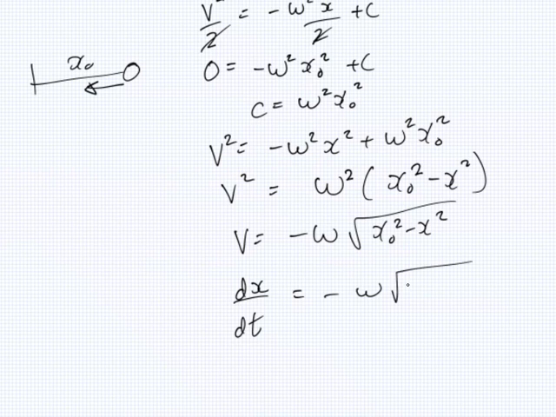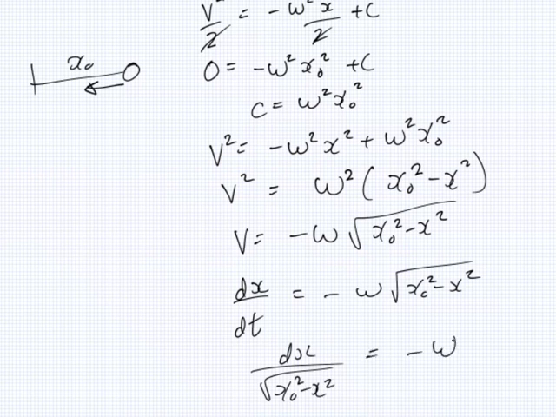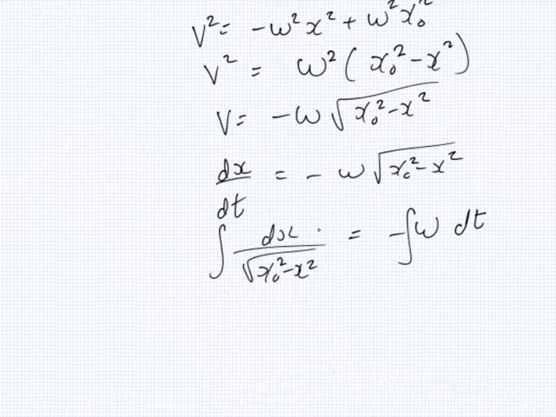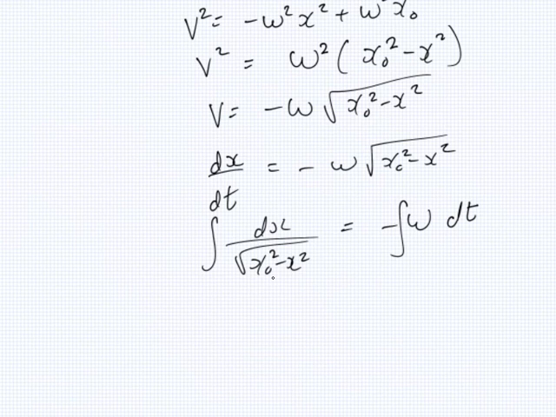Minus omega times x0 squared minus x squared. So that's dx over square root of x0 squared minus x squared equals minus omega dt. Integrate. We haven't done an integration like this, well, we have.